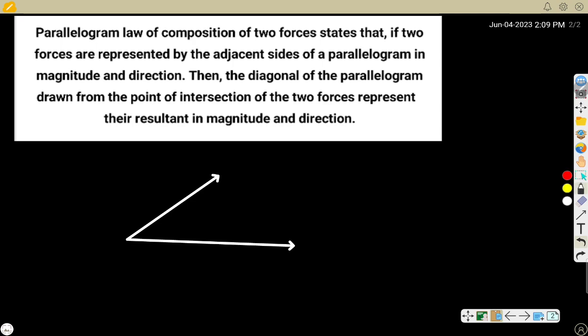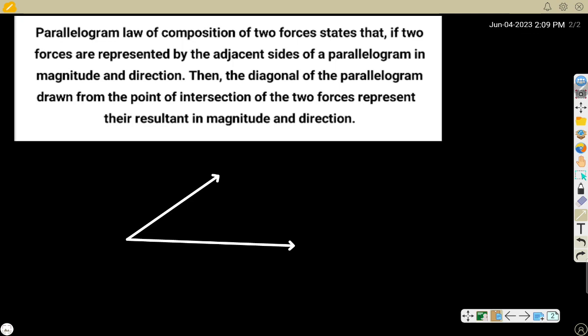So parallelogram law of composition of two forces states that if two forces are represented by the adjacent sides of a parallelogram in magnitude and direction like this, then the diagonal of the parallelogram drawn from the point of intersection of the two forces represents their resultant in magnitude and direction.